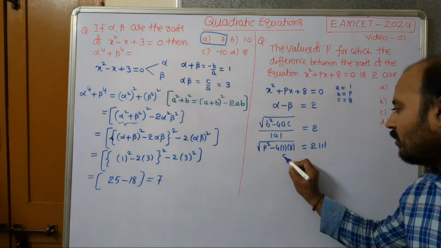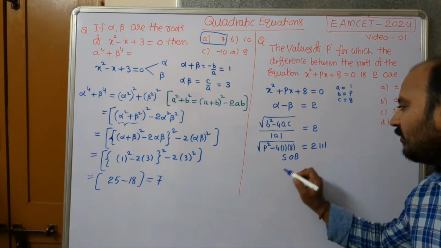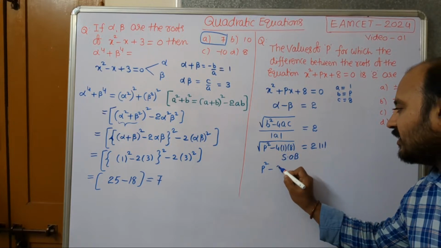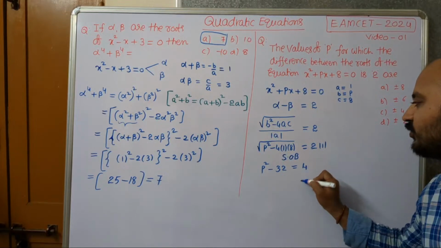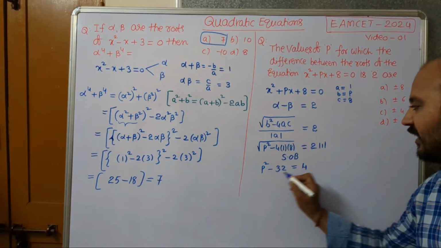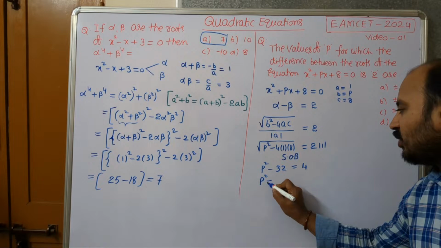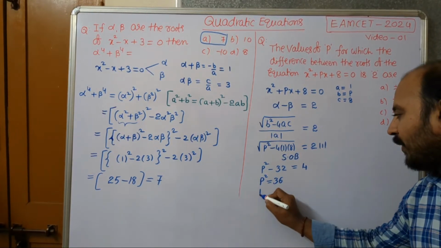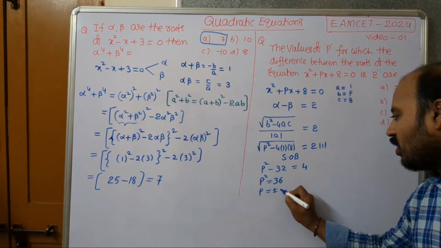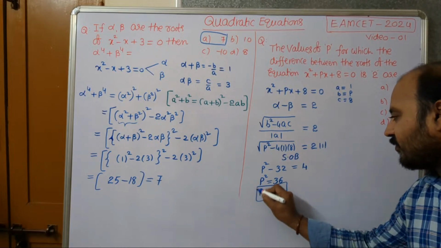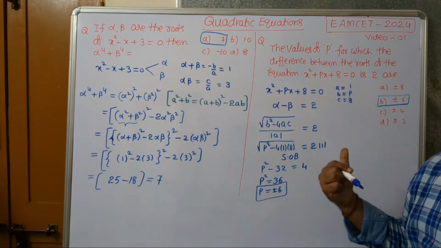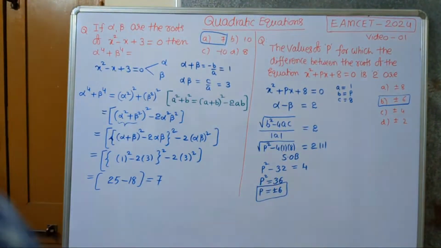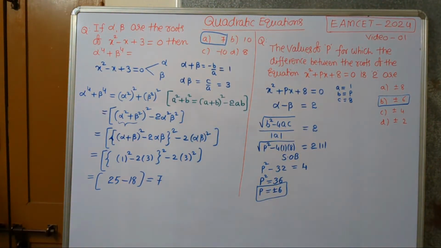So squaring on both sides, P square minus 32 is equal to 2 square, means 4. Minus 32 bring this side. P square is equal to 36. So P is equal to plus or minus 6. So the value of P is equal to plus or minus 6. It is there in the second option, dear students. I hope you understand. I will move to another question.